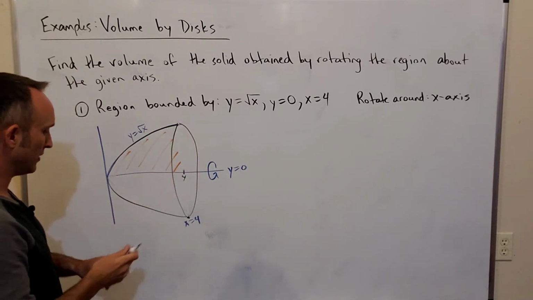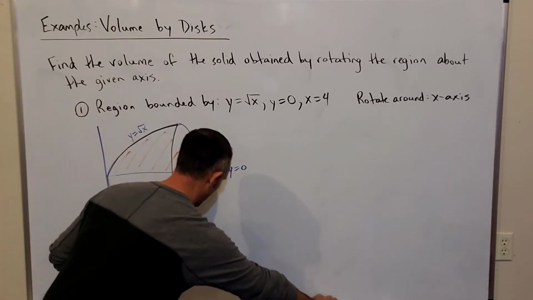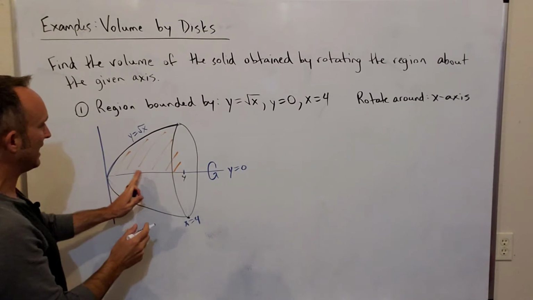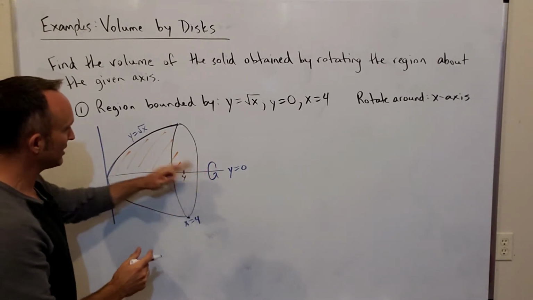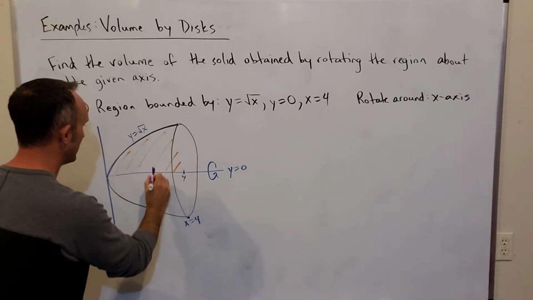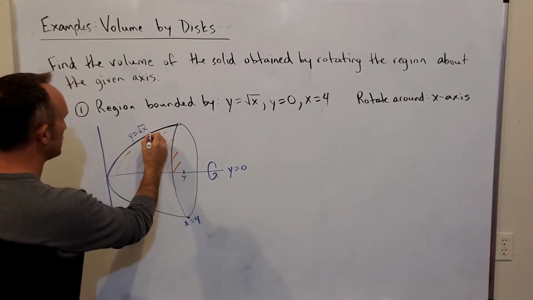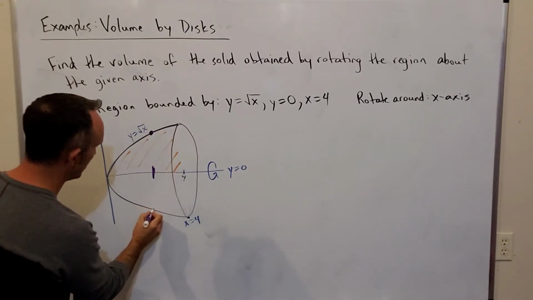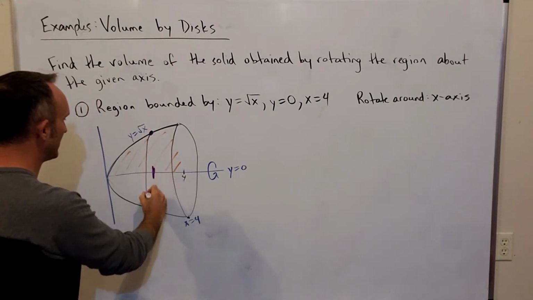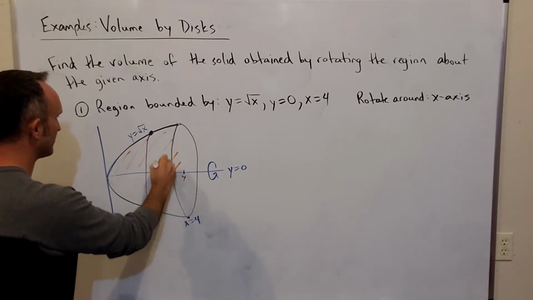And what we need to do is look at what one disk looks like. So I'm going to pick a slice that's perpendicular to my axis of rotation. So it's going to be a vertical slice. I'll pick it right there maybe. And then I'll choose the point directly above and directly below. And then I get my infinitely thin disk that looks like this, okay?